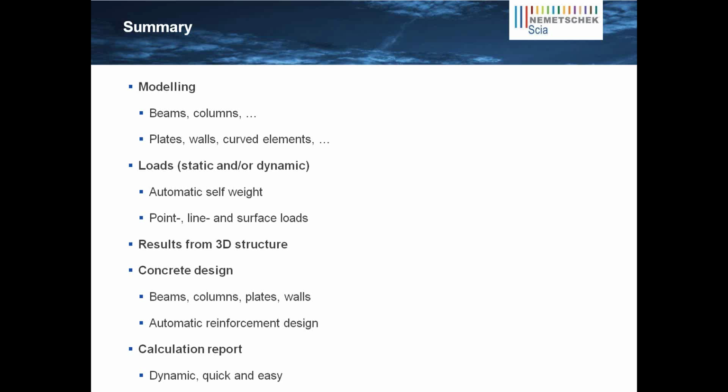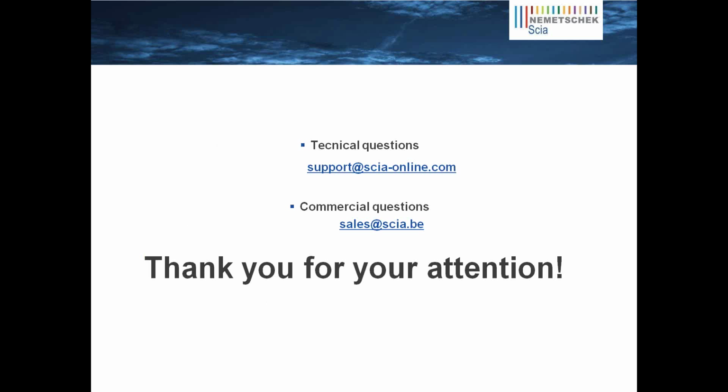And with the calculation report, which has dynamic figures, so these figures change if you change the project, you can quickly put in multiple elements, and it's easy to export it to some other medium which you want to use. Mostly it's PDF, but you can also pick something else or print it directly.